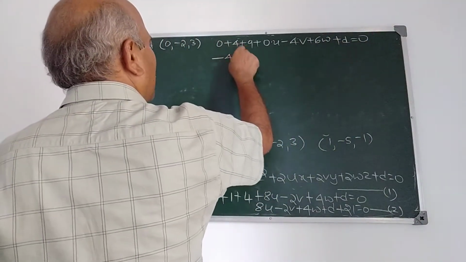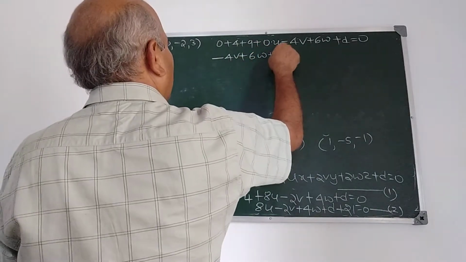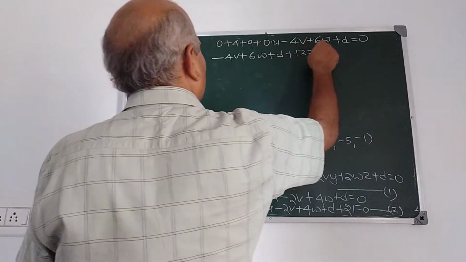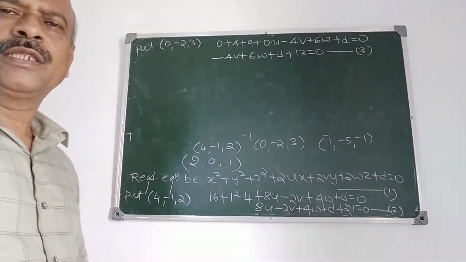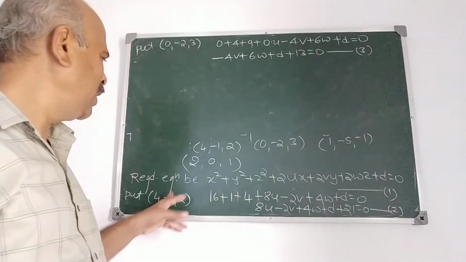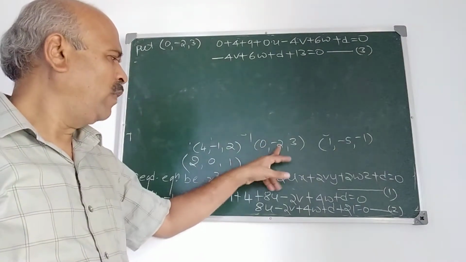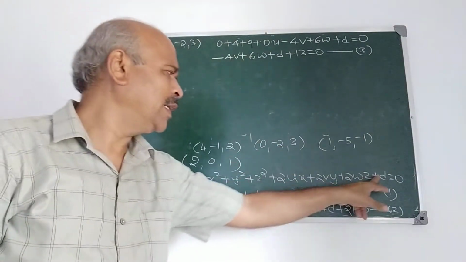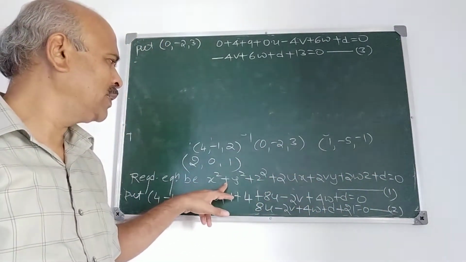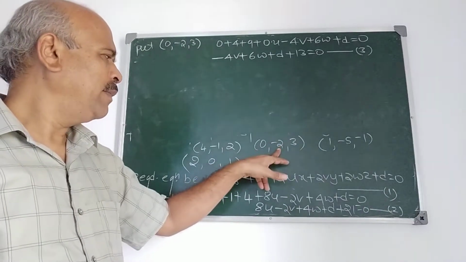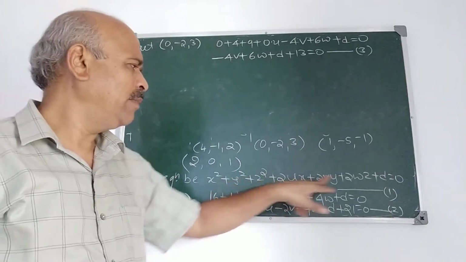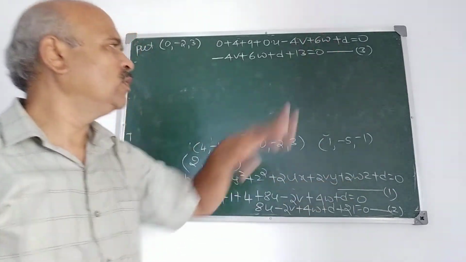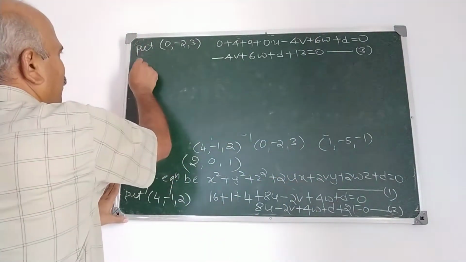So minus 4v plus 6w plus d plus 13 is equal to 0. This is 3. This is quite straightforward. You have to substitute only x = 0, y = -2, z = 3 throughout. Wherever there is x, substitute 0; y, substitute -2; z is 3; and you will get an equation in u, v, w, d.